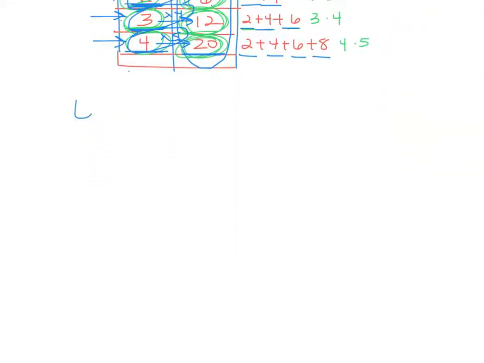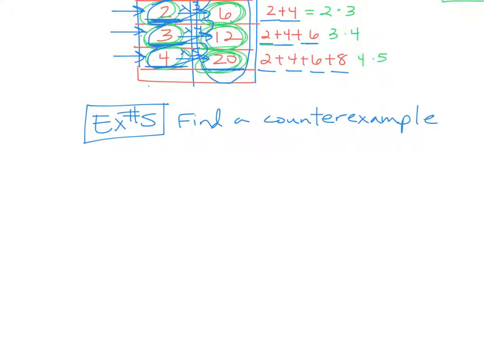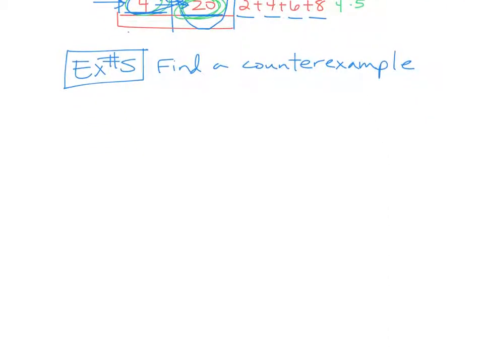So this is example 5. And I want you to find me a counterexample. So you're looking for something where your hypothesis is true, but the conclusion would be false. Okay? So hypothesis true, conclusion false.